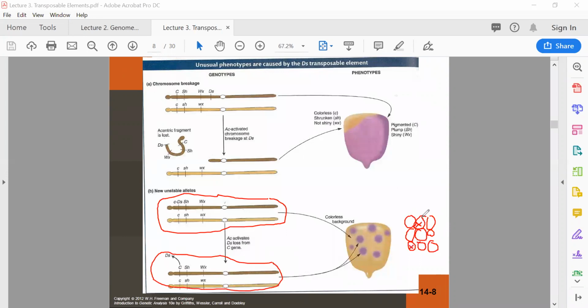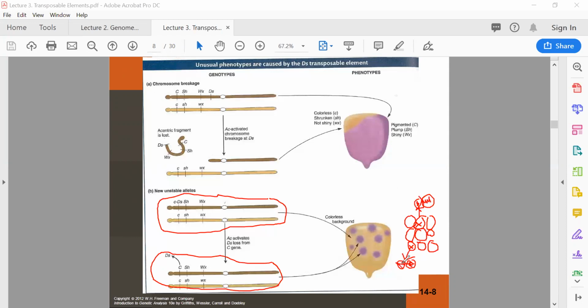Then when all these cells keep dividing by mitosis to form this complete kernel, all the daughter cells that are derived from this one will have the pigment. They will all be pigmented, and all the daughter cells derived from that cell there will also have the pigment.